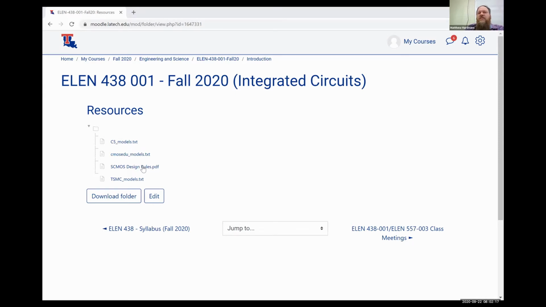Their set of design rules is adopted internationally, and it's used to make sure that you get the most usable devices out of a process run. We're going to be referring to this document extraordinarily frequently.